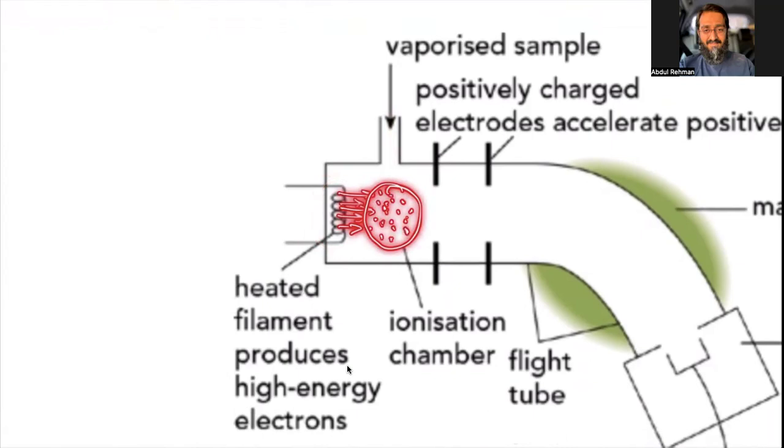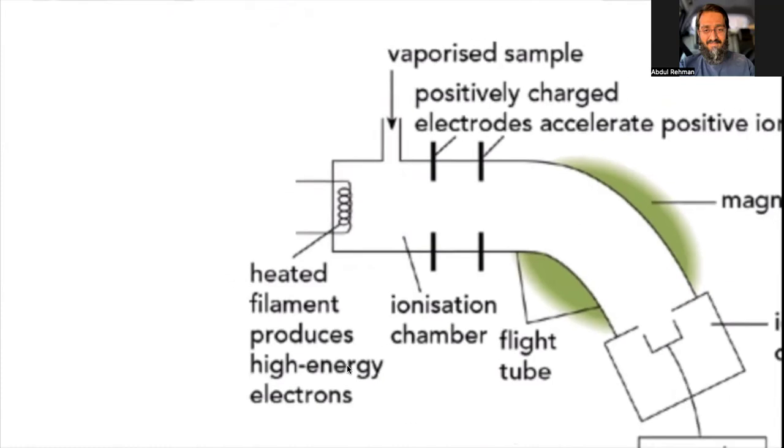When the electrons hit them, they provide energy to the valence electrons of these atoms, and as a result they get ionized, the valence electrons get ejected, and they all turn into positively charged ions. Is this clear? Okay.